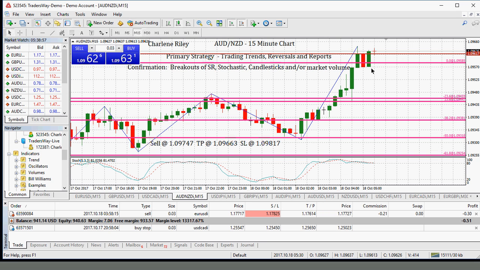We don't know what the market is going to do. It could go up and continue the uptrend, and then at that point you would be looking to possibly continue on with the trading with the uptrend.